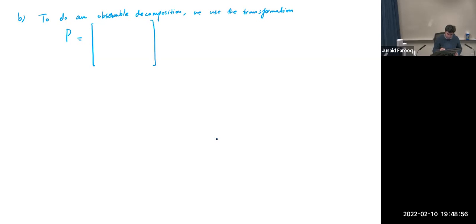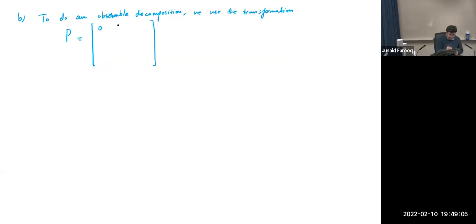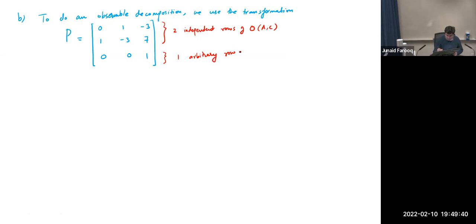Independent rows are only 2, so I will look at these two here, [0, 1, -3] and [1, -3, 7]. These are two independent rows of the observability matrix of A and C. The next one I can pick arbitrarily, so I will just pick [0, 0, 1], an arbitrary row independent of the other rows.